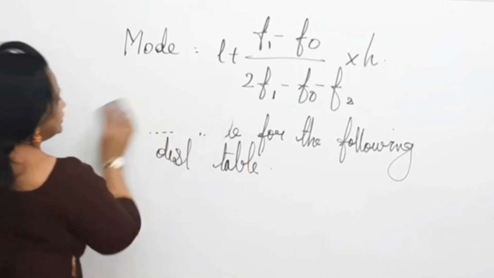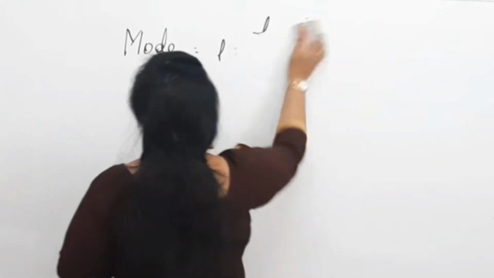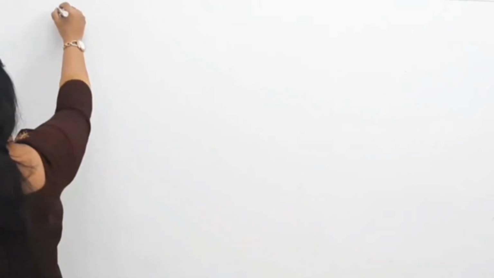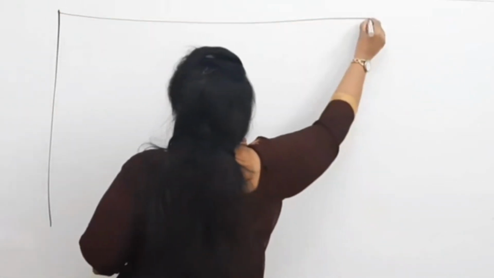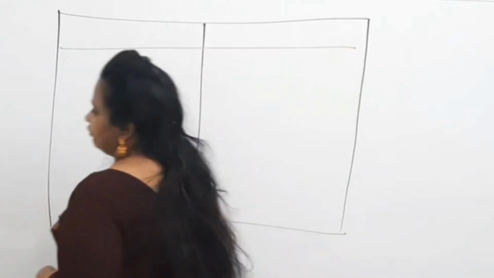Let me have my table here. So the question is compute the mode or find the mode for the following distribution table. I'm given the class interval and the frequency.